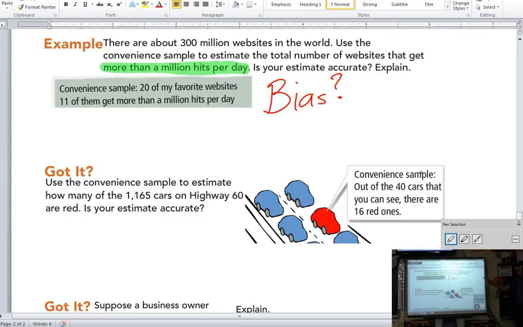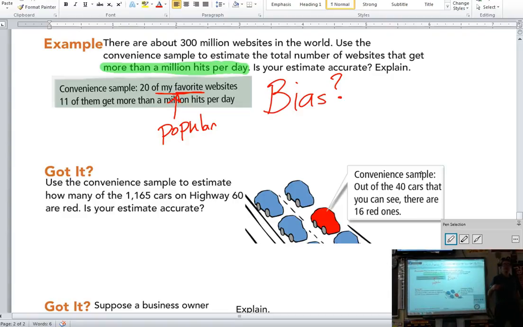Minecraft. Do you think that would create a bias when my population is all websites? Yeah. Because, okay, stop. We're moving on. When they're your favorite, they're also probably other people's favorites, and those are going to be the popular sites already.